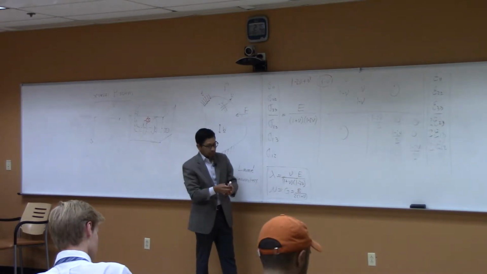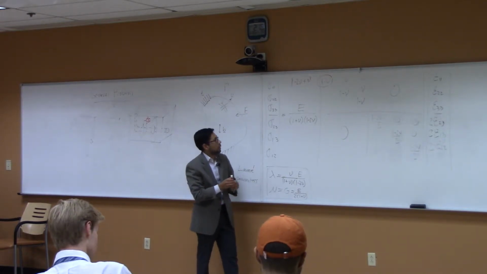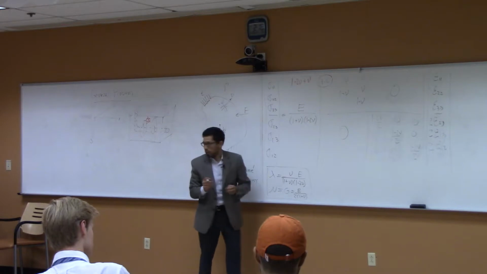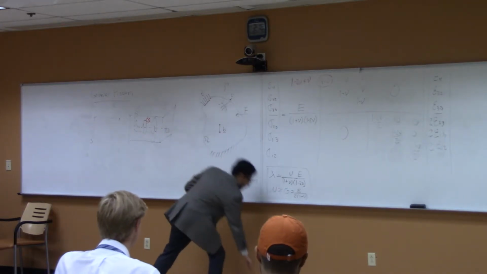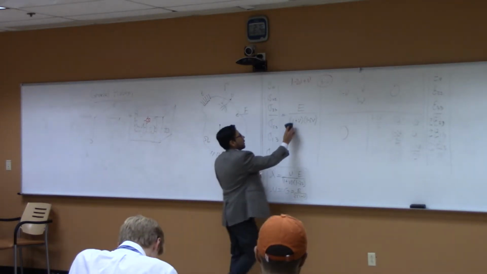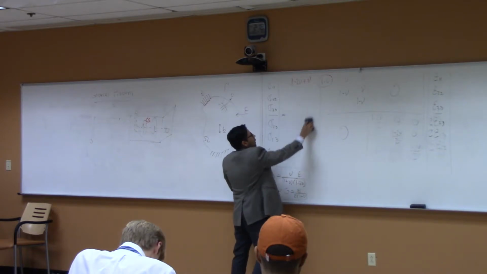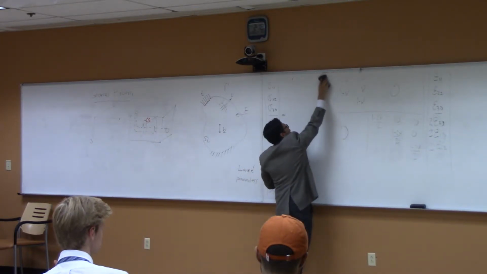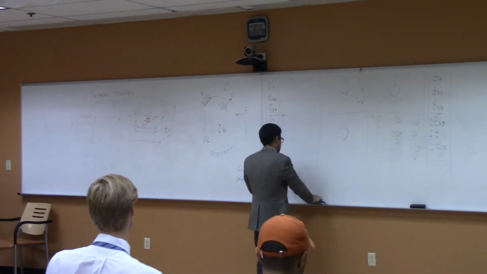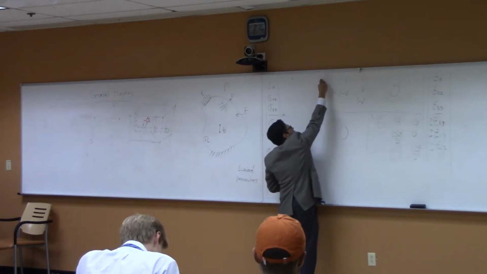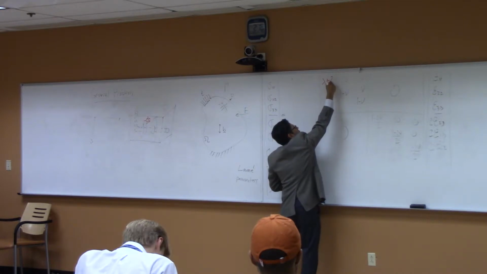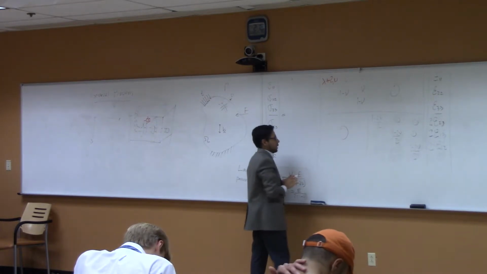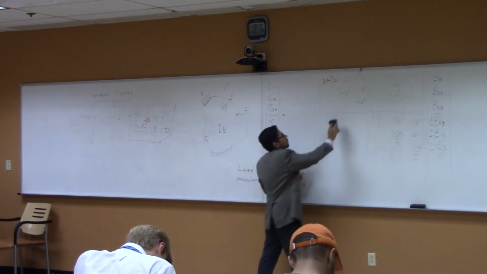So I'm going to be able to write this again, and now this is going to be lambda plus 2 times mu.